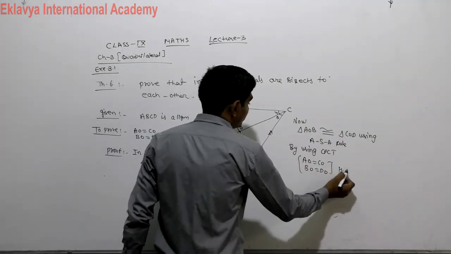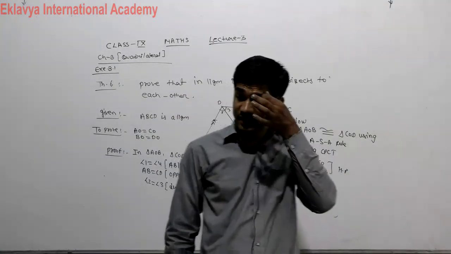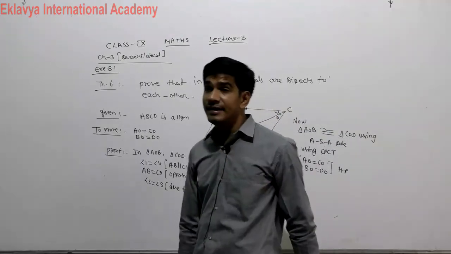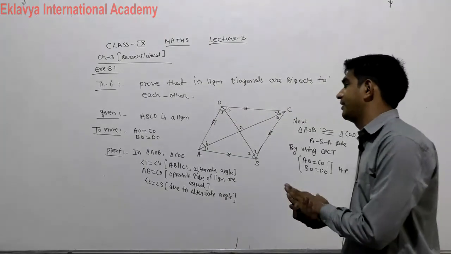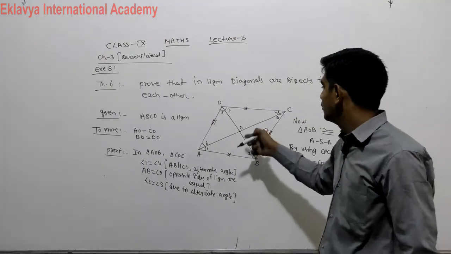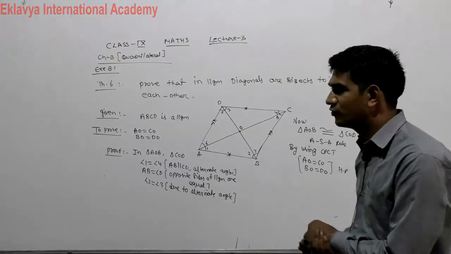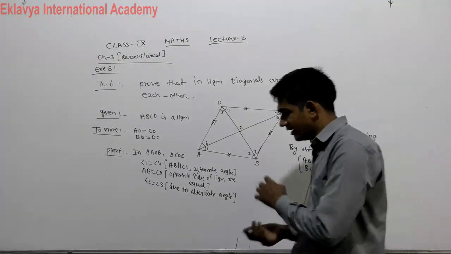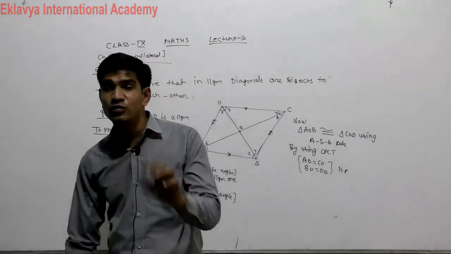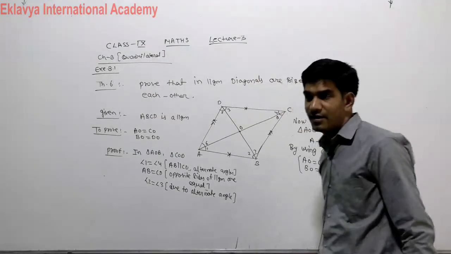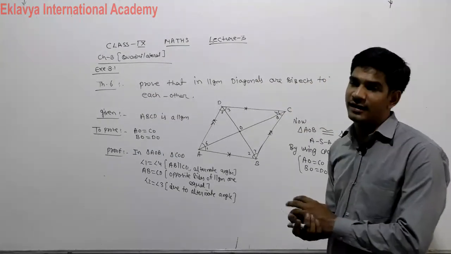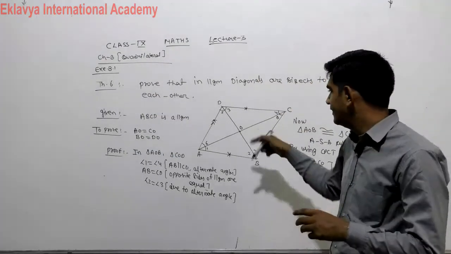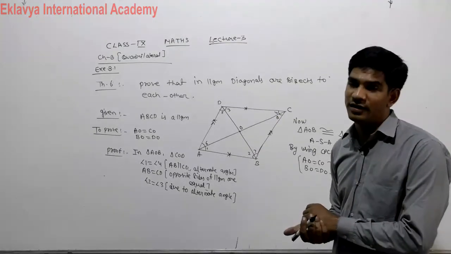Hence, this is what you had to prove. What did you have to prove? In a parallelogram, its diagonals bisect each other. AO is equal to OC and BO is equal to DO. For that, we select two opposite triangles. After selecting the opposite triangles, we prove they are congruent.